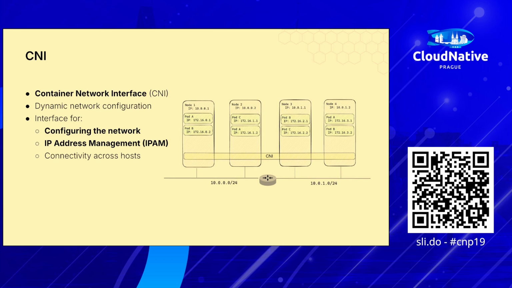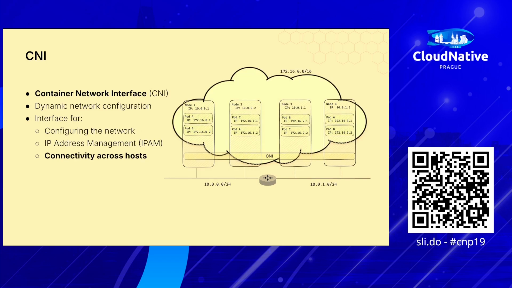So CNI implements how those network interfaces in the pods are configured. It's responsible for assigning the IP addresses to the pods, and also for implementing connectivity across the different hosts in the cluster. So you get this virtual network.